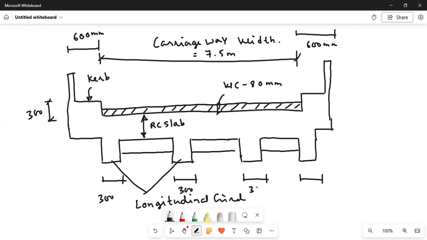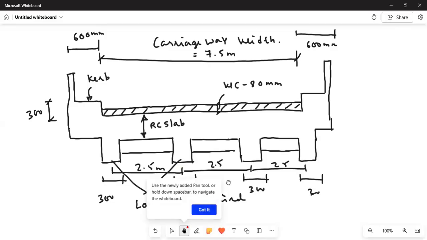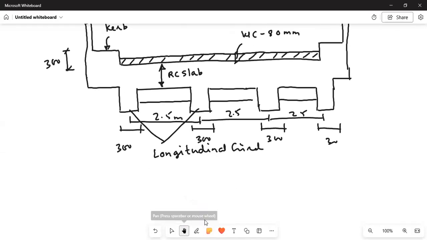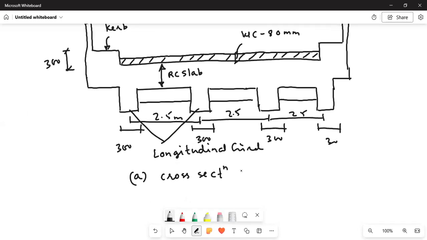And center to center distance between the girders can be 2.5 meters. Okay, so this is the detail of the cross section of the bridge deck.